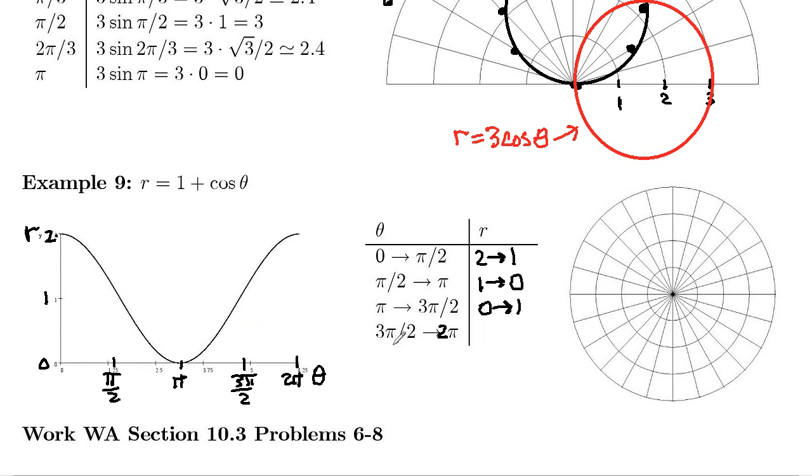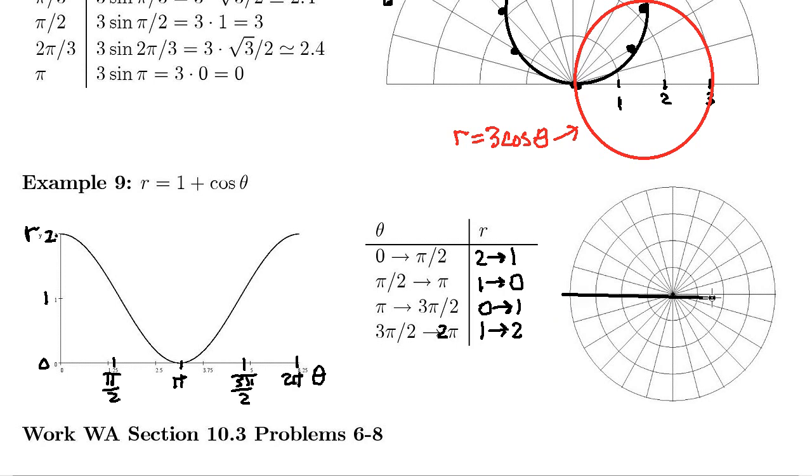And as you go from 3 pi over 2 to 2 pi, so that's right here, your radius goes from 1 back up to 2. Just reading off the y-coordinate there. So that kind of helps you get an idea of what the graph's going to look like here.